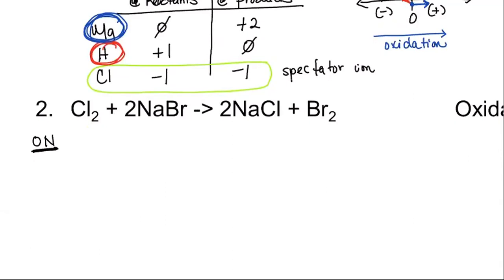I only have about 3 answers. Yes, I agree with you guys. The Cl2 has an oxidation number of 0. What about in the product? Who has an oxidation number of 0? Great job, the Br2.